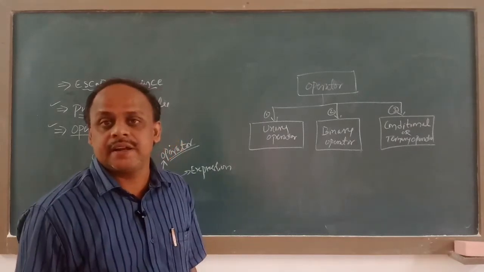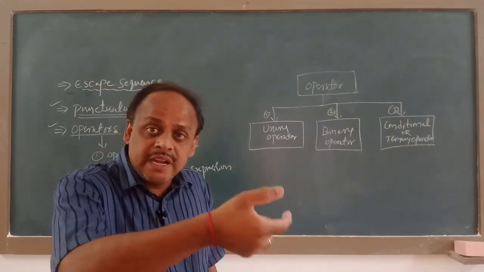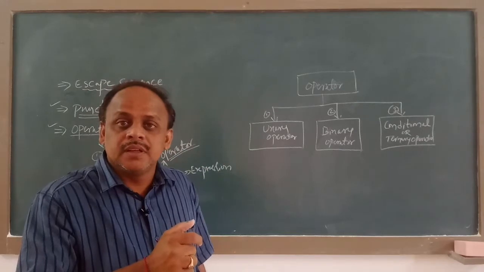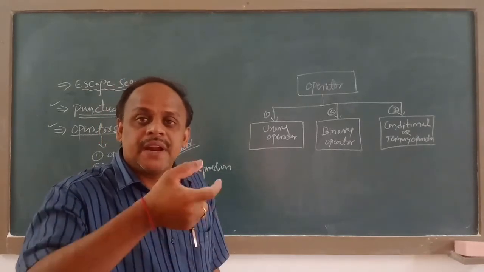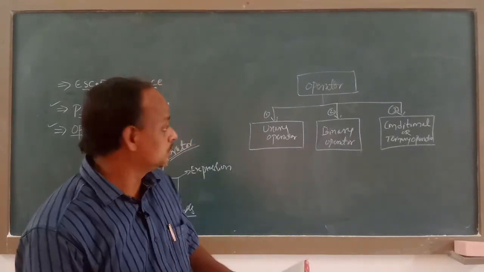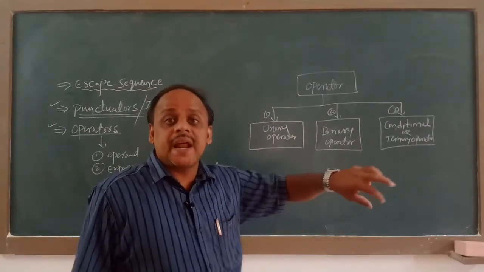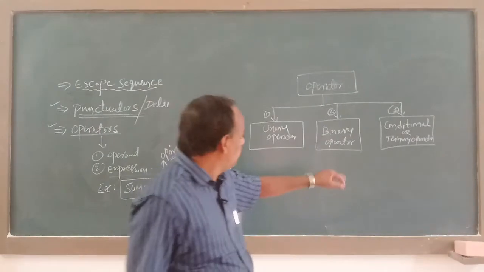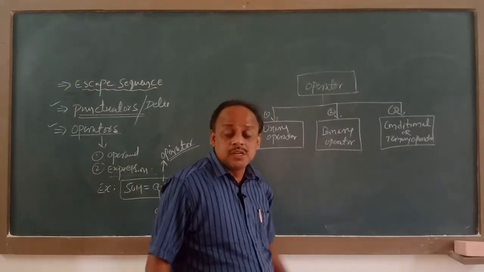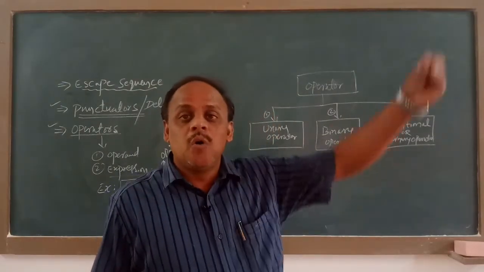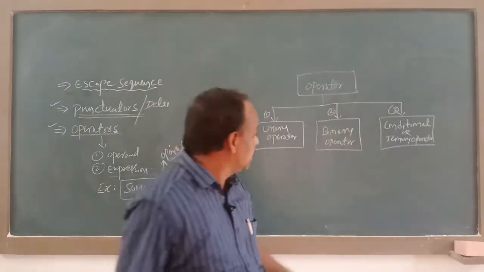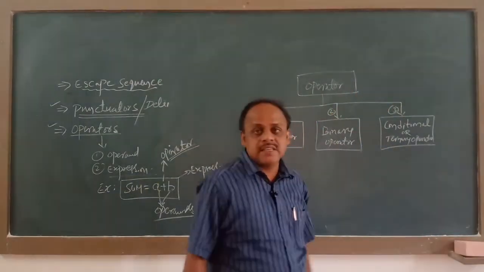Based on operands, operators are classified. If we are using only one operand, then at that time unary operators are used. Suppose two operands are there, then a binary operator is used. Suppose three or more operands are there, then a conditional operator is used.